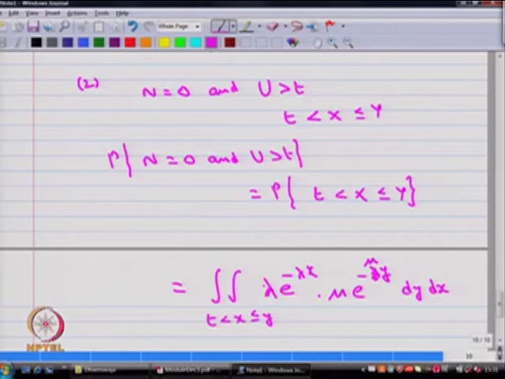So, the probability of t less than X less than or equal to Y, that is same as the double integration over t less than x less than or equal to y of the integrand lambda times e power minus lambda x, mu times e power minus mu y dy dx.